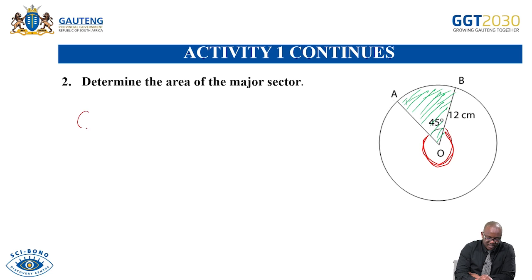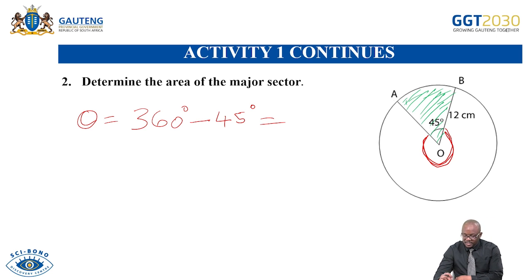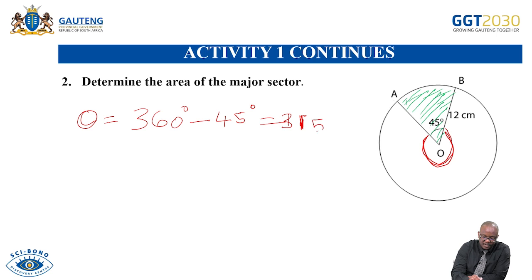Looking at the circle, its degrees is going to be 360 as a revolution, minus 45 degrees. So 360 minus 45 degrees gives you 315 degrees.